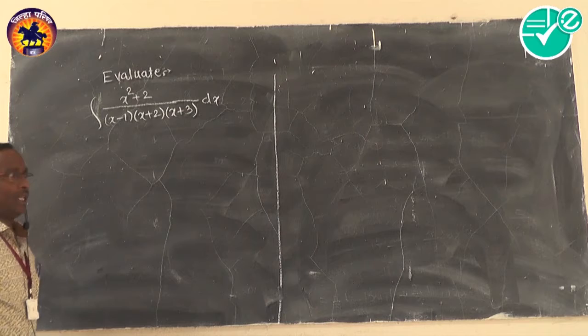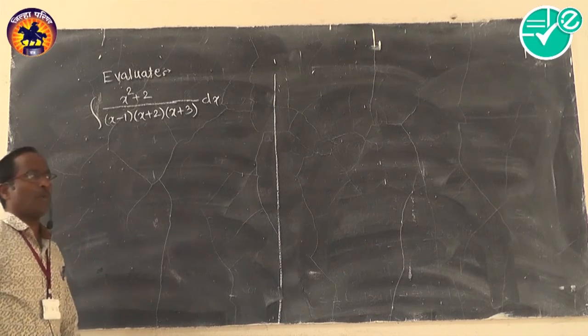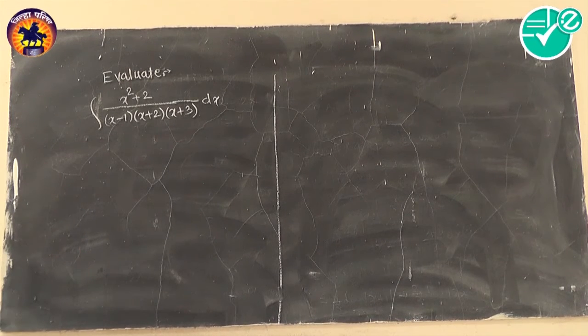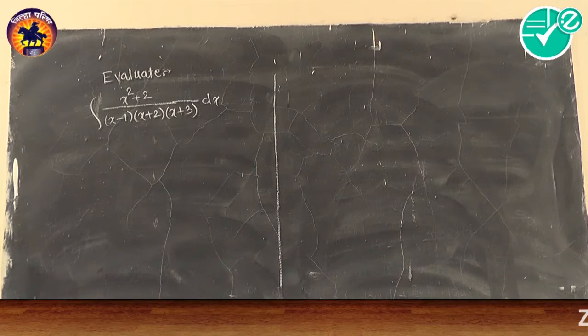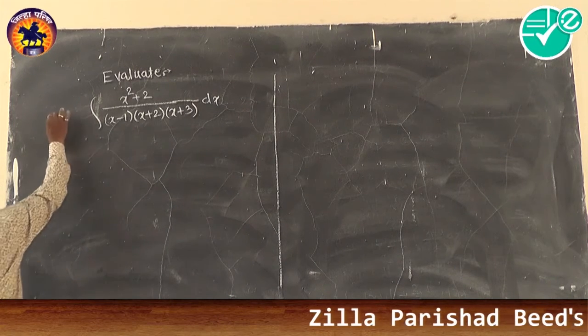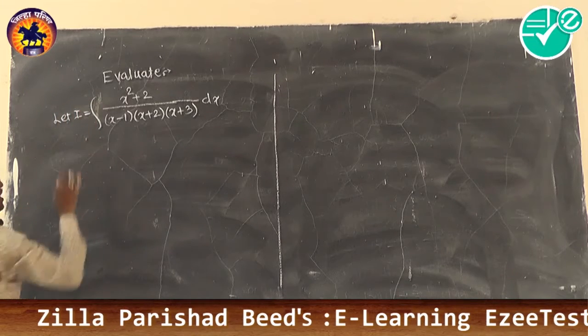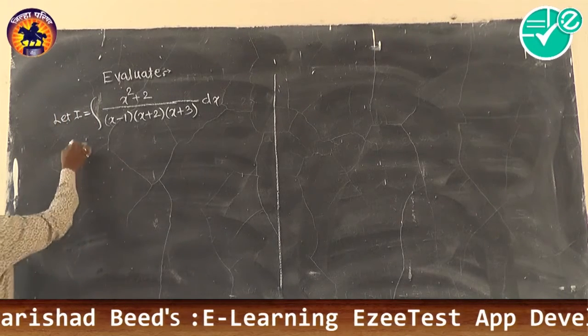Now we want to solve this example. The integrand function is in the form of a rational function and the denominator contains the product of non-repeated linear factors. Then we want to find the solution of this example. Let I be equal to this function.